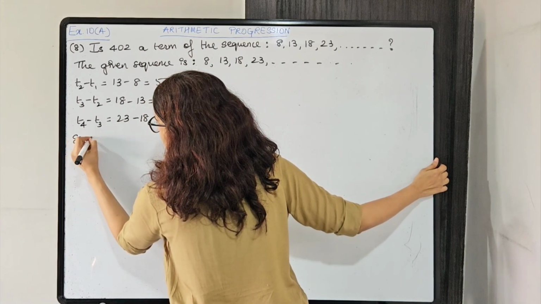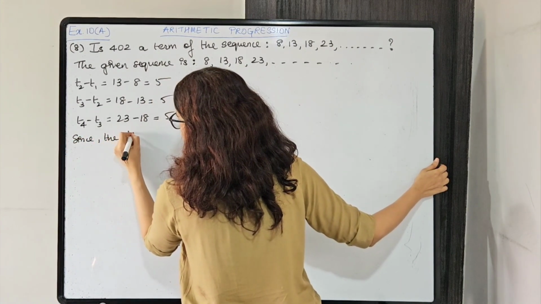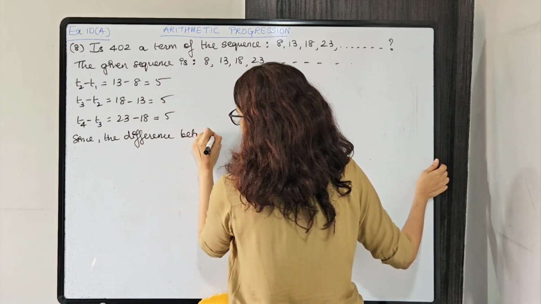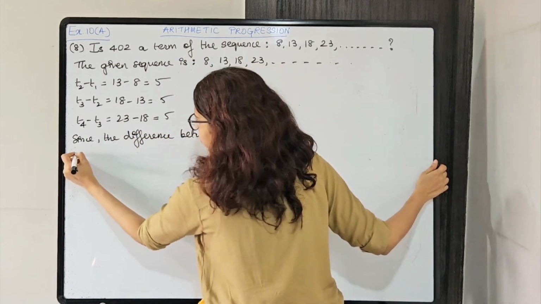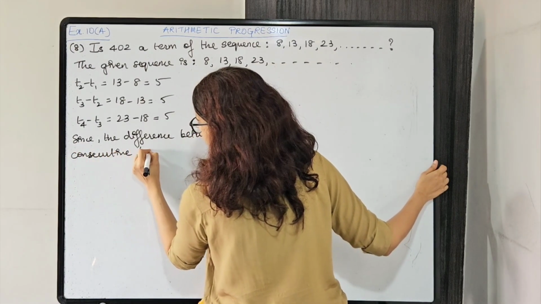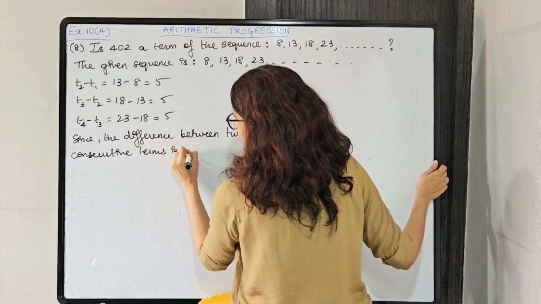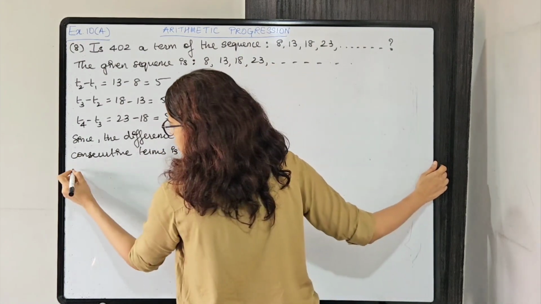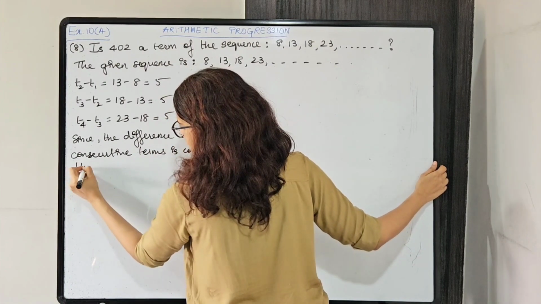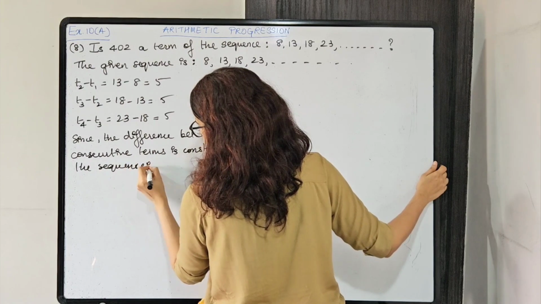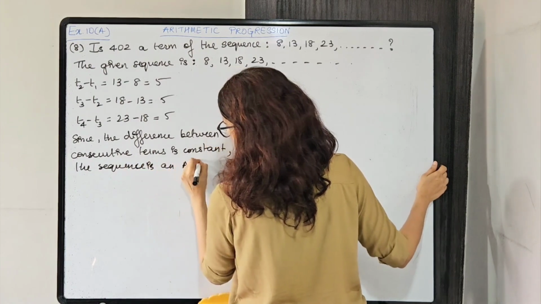Since the difference between two consecutive terms is constant or same, the sequence is an AP.